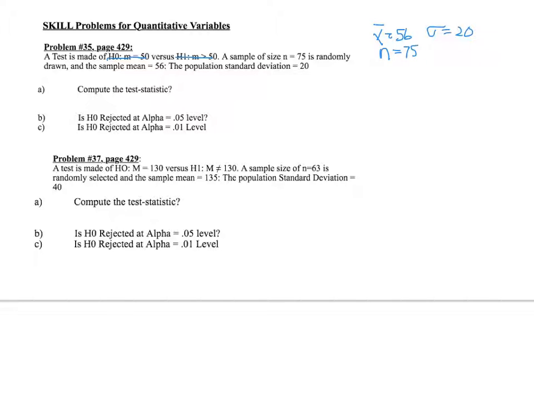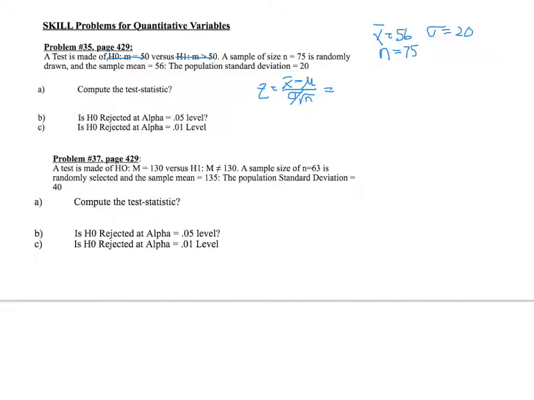The first question is compute the test statistic. Since we know the population standard deviation, we will use the z-test. The z-test is equal to x bar minus mu, divided by sigma divided by the square root of n.